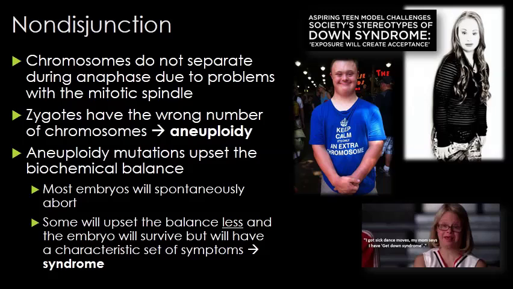But sometimes it's going to affect it just enough to have problems, but not enough to kill the embryo. So if you have a nondisjunction mutation or an aneuploidy mutation with a characteristic set of symptoms, we call that a syndrome. One of the most common syndromes that you might be aware of is Down syndrome.